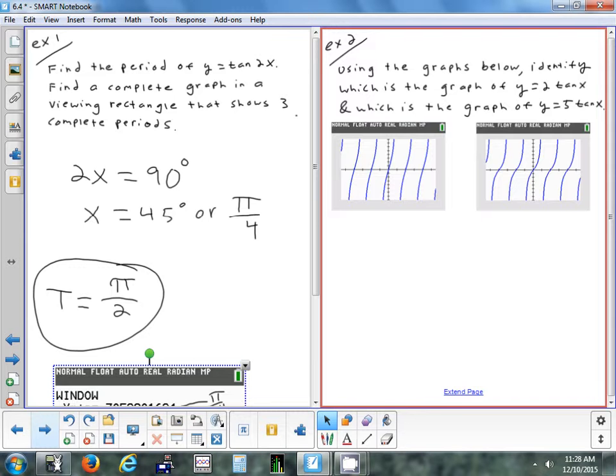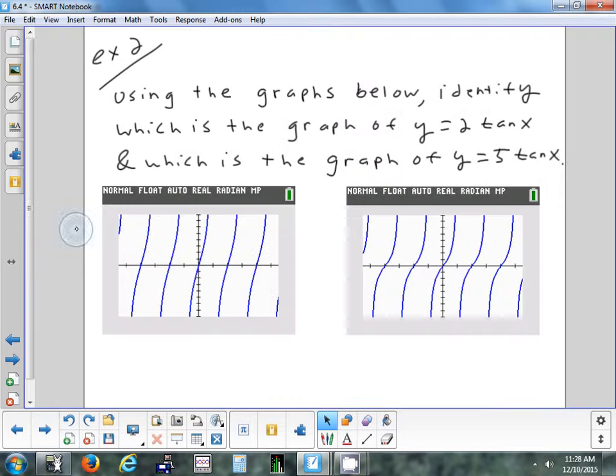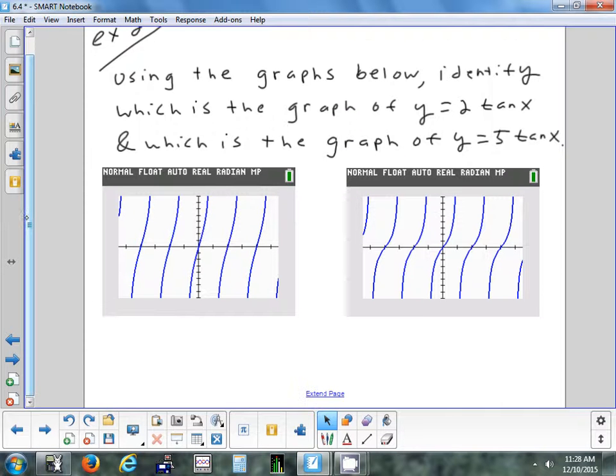All right, if we look at this one, which one is the graph of 2 tangent x, and which one is the graph of 5 tangent x? Jacob? The one on the left, the 5 tangent x. Yep, this is the 5 tangent x, and this is 2 tangent x.